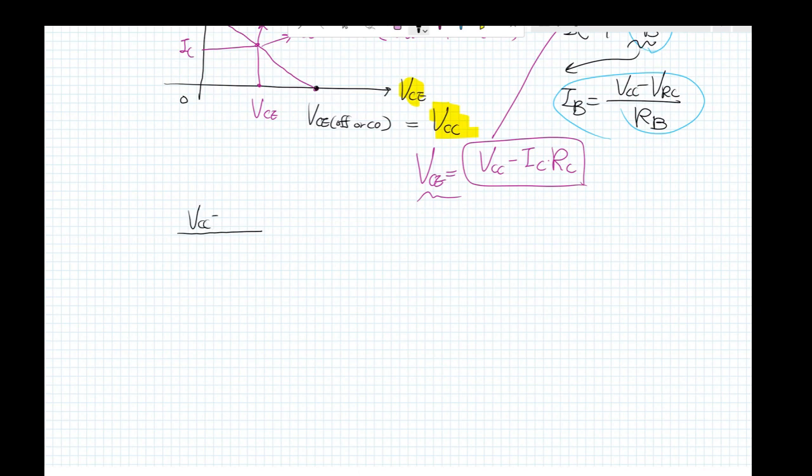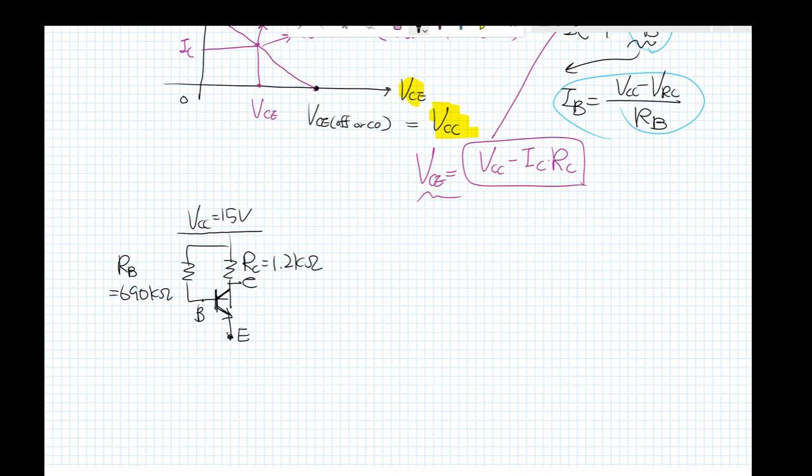V sub CC is 15 volt, R sub C is 1.2 kilo ohm here, and R sub B is 690 kilo ohm here. This is the E point, C point, B point.